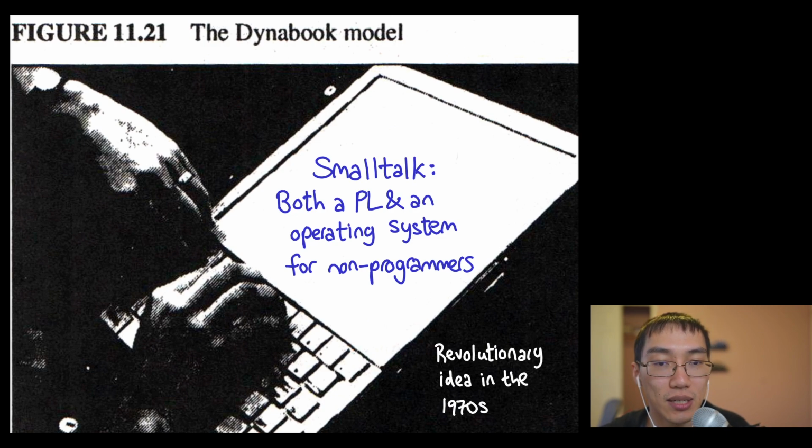So the operating system itself would be a programming language, and you would be directly interacting with concepts using a programming language, so that everything would be extensible in the same way that when you're in a programming language, you can write libraries and you can write new things on top of APIs. So pretty radical idea at the time.